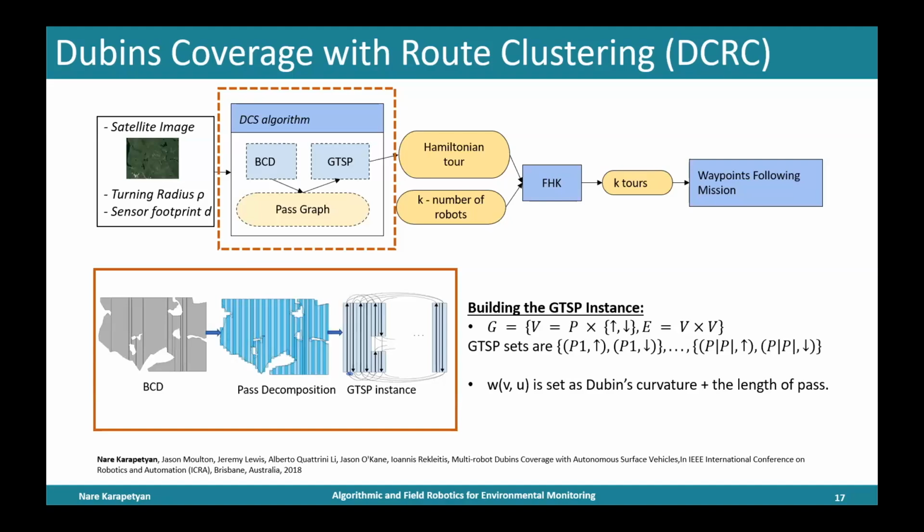Going into the details, the first part of the algorithm is called the Dubins coverage solver, where it applies the Boustrophedon decomposition. It generates a path graph and solves a generalized traveling salesman problem. The Boustrophedon cellular decomposition algorithm is the following. Given an environment representation, it splits the environment into regions that do not contain any obstacles.